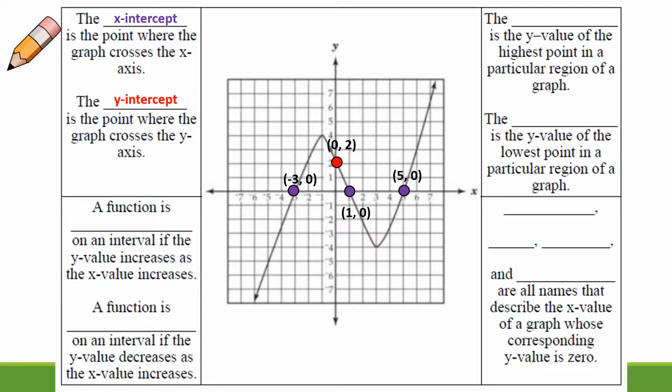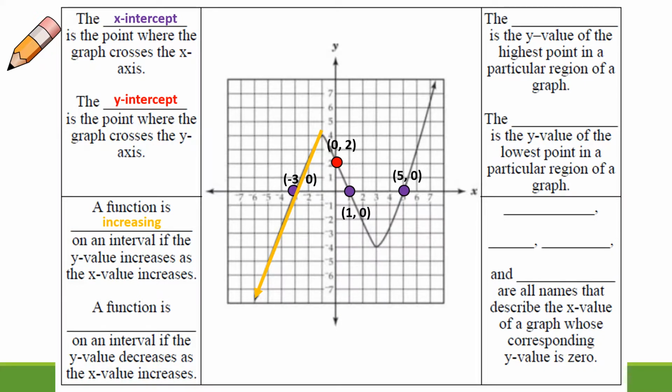If we keep moving on down the left side of the foldable, now we're going to be talking about intervals where our graph is increasing and decreasing. A function is increasing on an interval if the y value increases as the x value increases. So we're looking at the graph where both of our values are increasing. In this example, we're increasing on that first bit.